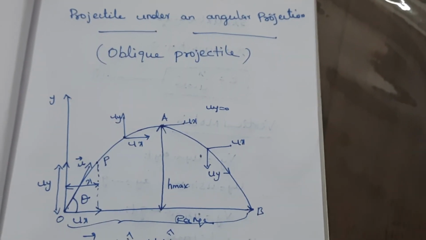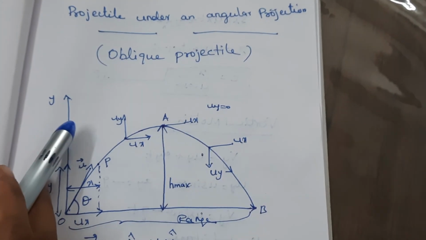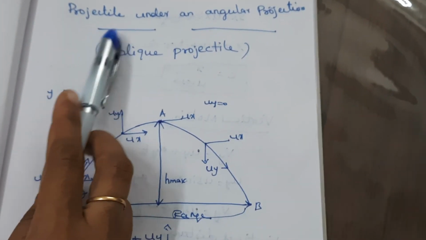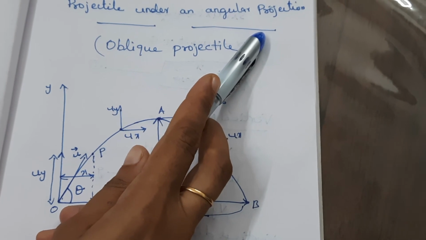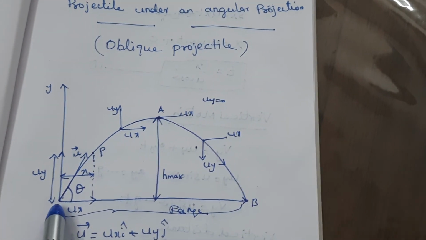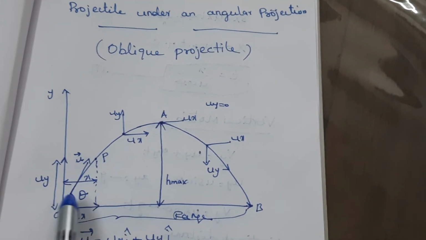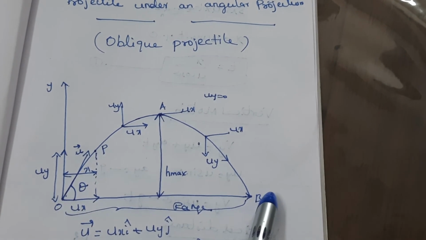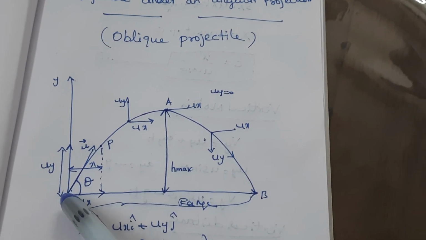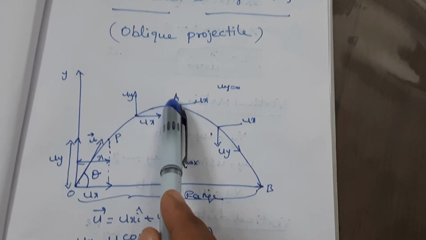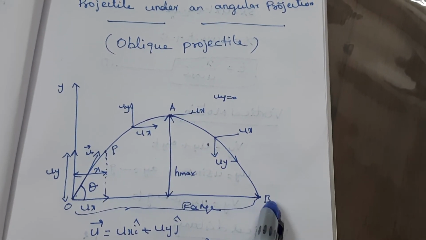Students, today we have seen the second type of projectile motion, that is oblique projectile or projectile under an angular projection. Here an object is thrown with initial velocity u, which makes an angle theta with the horizontal plane. This object goes up, it reaches the maximum height and it comes to the ground.